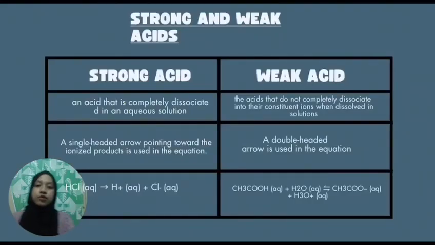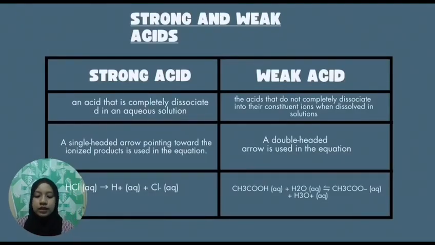And then we have strong and weak acid. For strong acid is an acid that is completely dissociate in an aqueous solution. For weak acid, the acid that do not completely dissociate into their constituent ion when dissolved in solution.